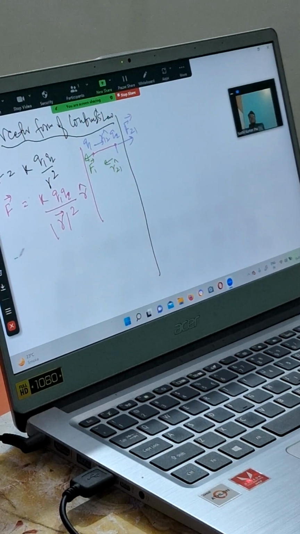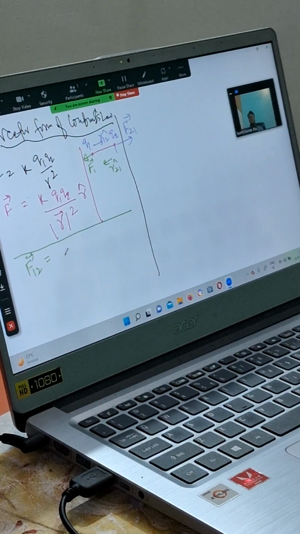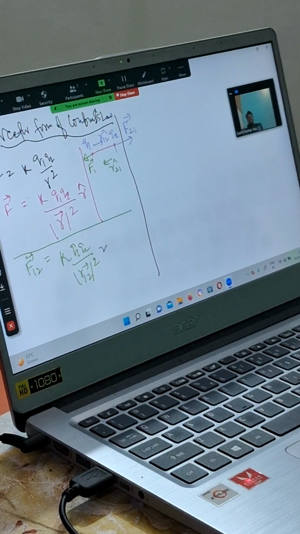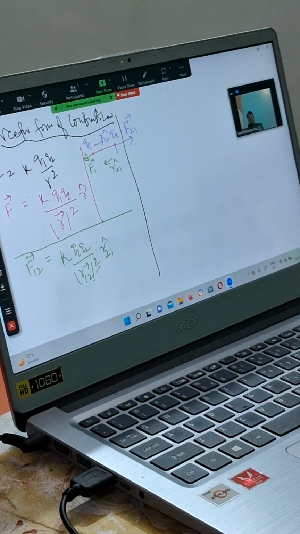So now we write F12 first. This becomes K Q1 Q2 divided by R12 mod square, and then to highlight the direction, force on first due to second, so R21 cap.